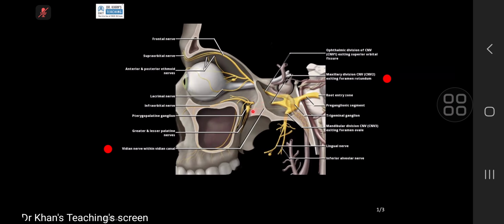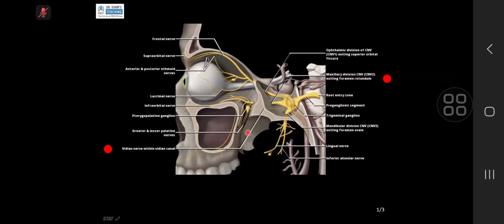Another thing which passes anteriorly is this thing which I have shown in red here, the Vidian nerve with the Vidian canal. So the Vidian nerve goes through this part of bone, and this is known as the Vidian canal. And it is a landmark. It can be seen on CT scans and MRs, and pathologies sitting here can go into the cranial cavity through it, and they can go through the cranial cavity posteriorly.